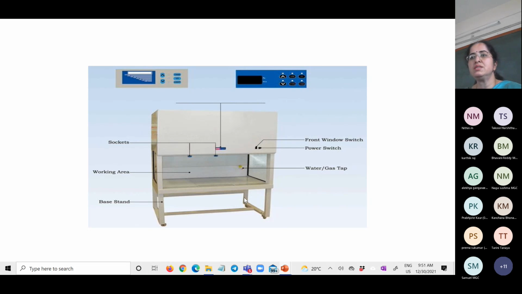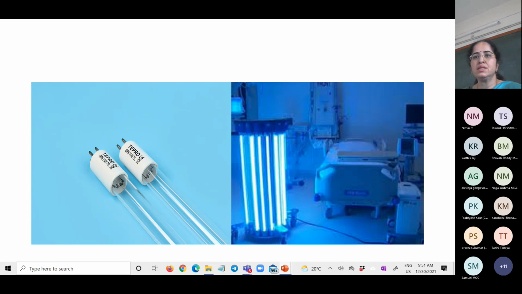So when 2 mechanisms for sterilization are present, then it is more powerful. And these are some examples, you can see these are the UV lamps. These can be used for sterilization. Okay, so here you can see this is the hospital area where the sterilization of the overall surrounding environment is taking place with the help of these UV lamps.